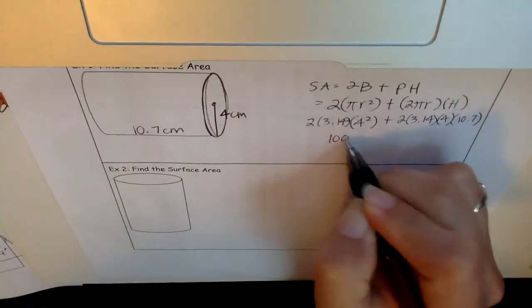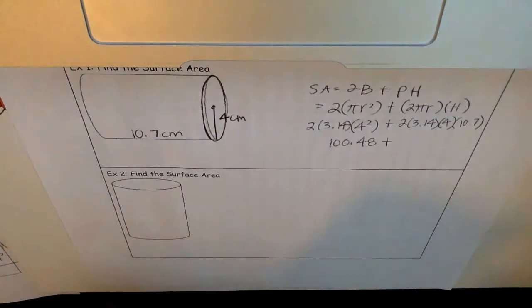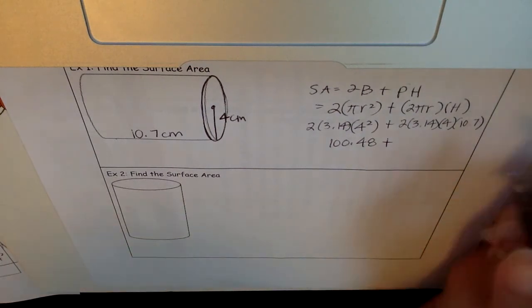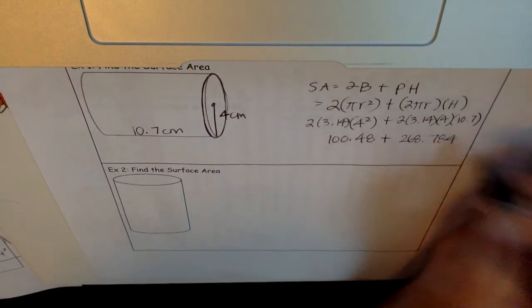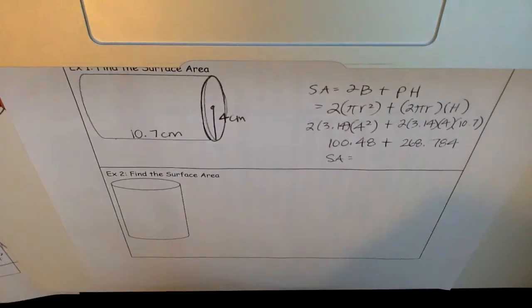And that's 100.48. Plus, I'm going to type all this in, 2 times 3.14 times 4 times 10.7, 268.784. And then I add those together, and I'm going to round to my nearest tenth.